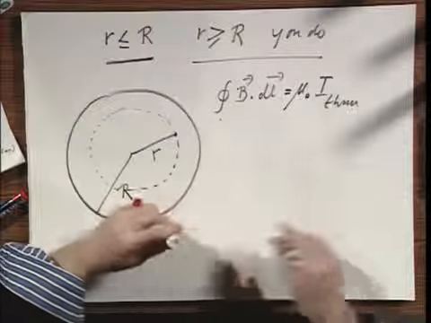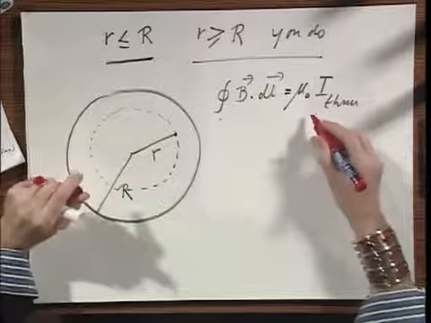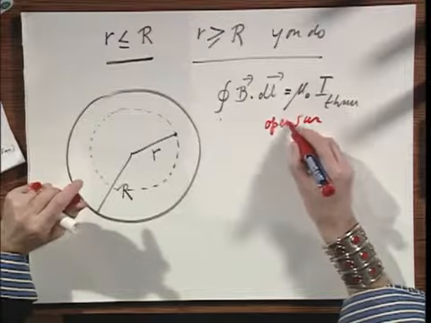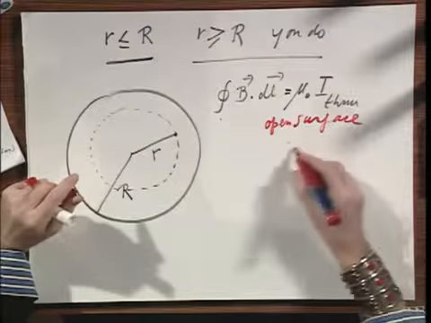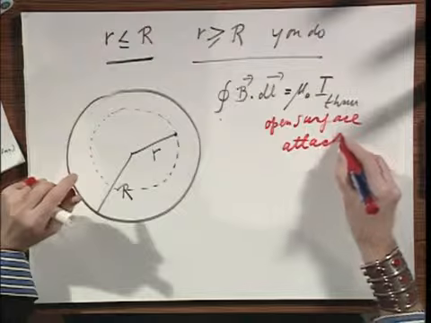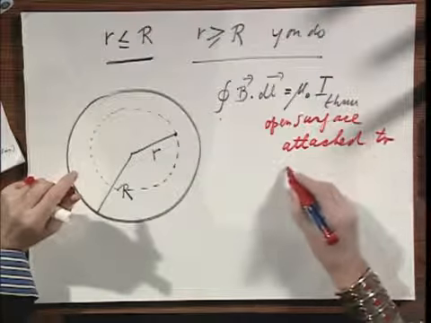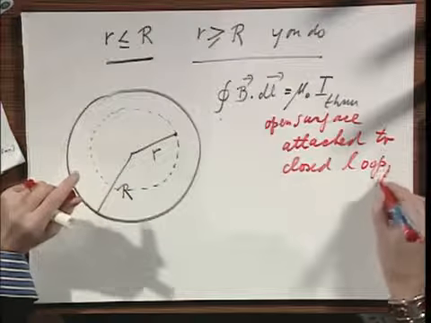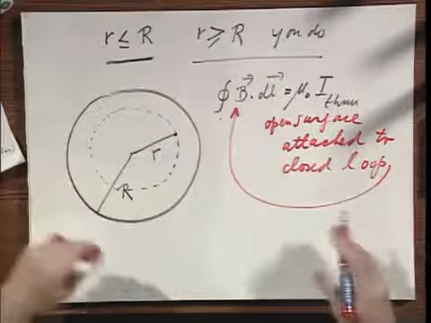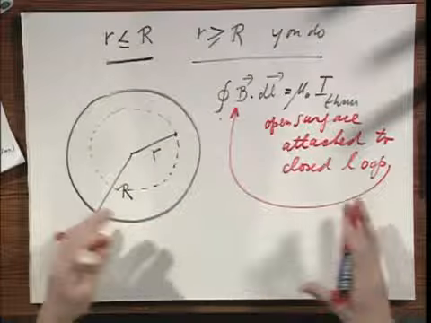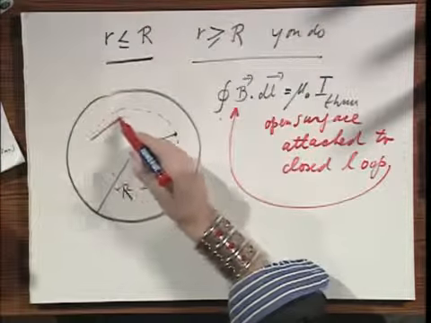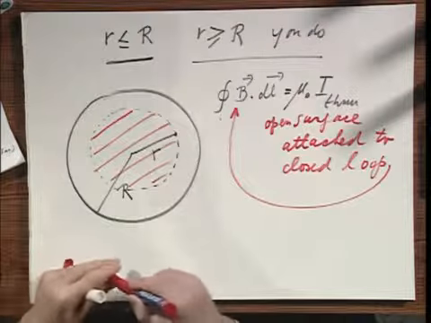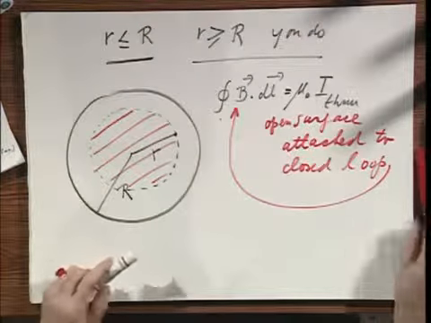And that I through is through a surface, which is an open surface, attached to the closed loop. And this is that closed loop. And whether it's a floppy surface, bulged or flat, doesn't matter. That's the amazing thing about this law. I will choose a flat surface, not making our lives too difficult.